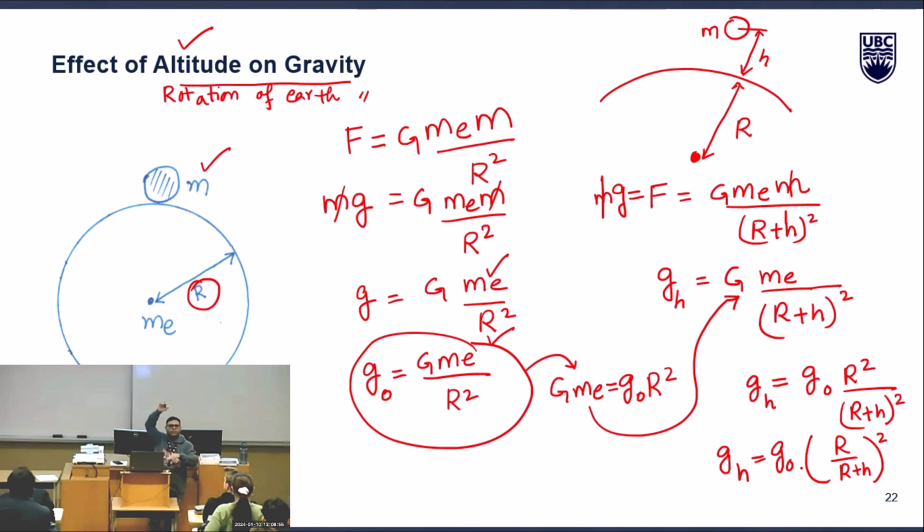So this can be considered as a modifier which will modify the value of gravity at the surface to get you the value of gravity at any height. And that modifier is a function of two things, the radius of Earth, which is constant, and the height of that object from the surface, right?